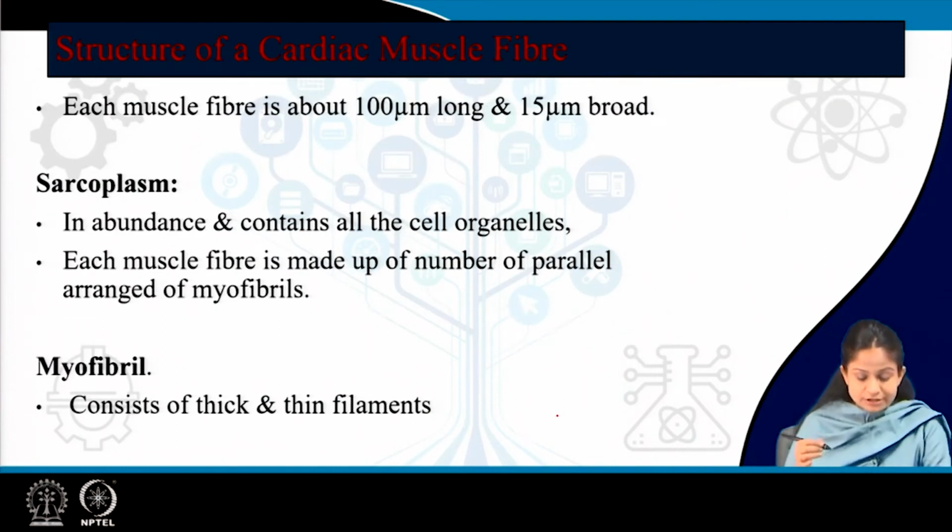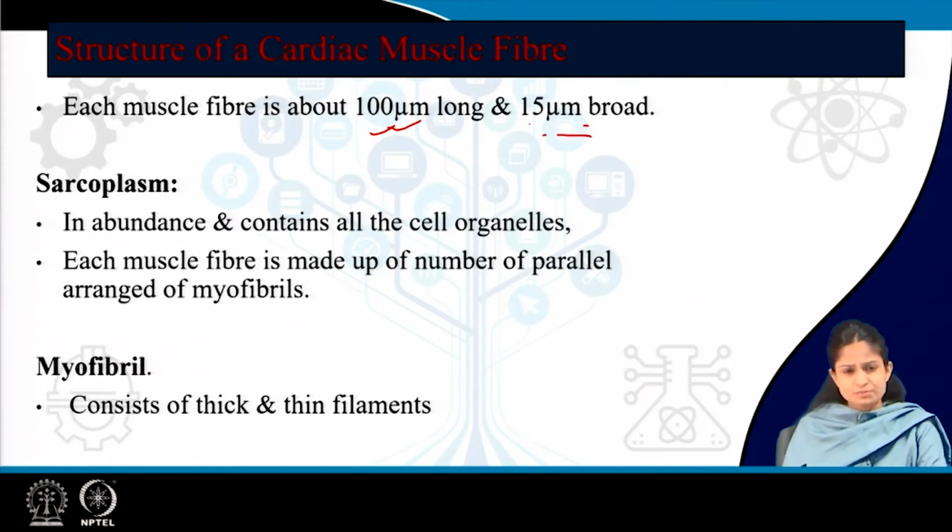Now, each muscle fiber is about 100 micrometer long and 15 micrometer broad. The cytoplasm present in the muscle fiber is sarcoplasm, the same as that of the skeletal muscle fiber, which contains abundant cell organelles, especially mitochondria, because the contraction needs lots of ATP.